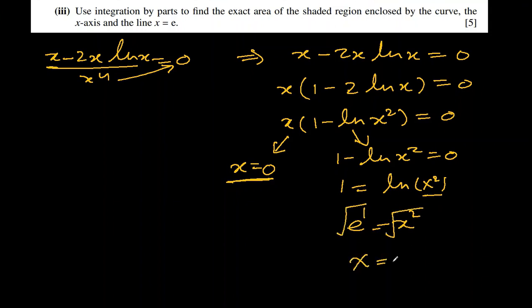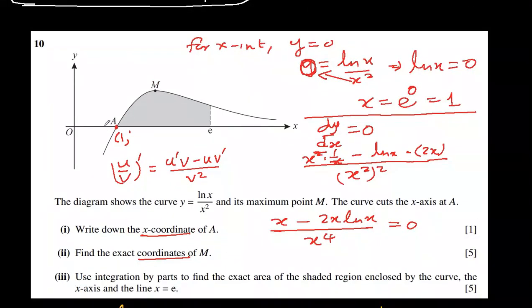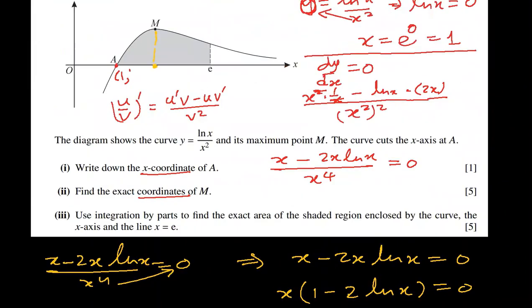So x becomes square root e, plus or minus, right? But we can clearly see in the graph that it is the positive side, so no need to write the negative side. So the x coordinate of M is square root e.